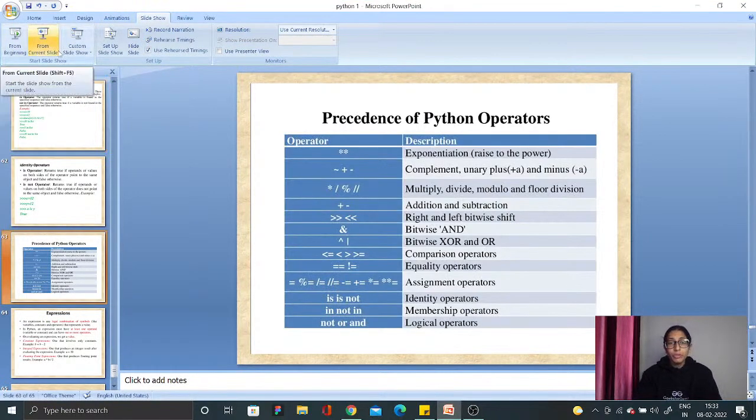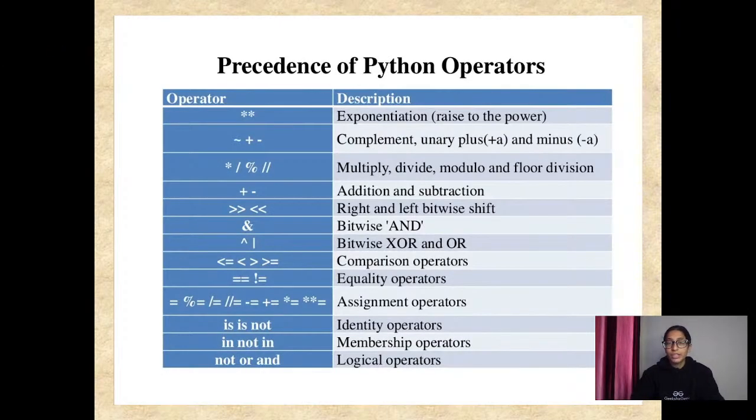Now moving forward to the next part, the last part of operators, which is the precedence of Python operators, which we already covered in most of your Python curriculums. We already learned about these operators and their associativity, and this works only when the order of precedence is correct.